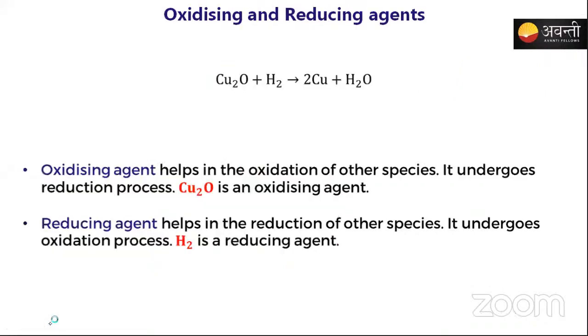Now I hope you people understand. Now in this reaction, I want you to tell me, yesterday we solved these types of questions, where is oxidation happening and where is reduction happening? Can anybody tell me in the chat box? If you see in this case, this is zero oxidation state and this is zero oxidation state. And there is a decrement in one oxidation state and an increment in the other.